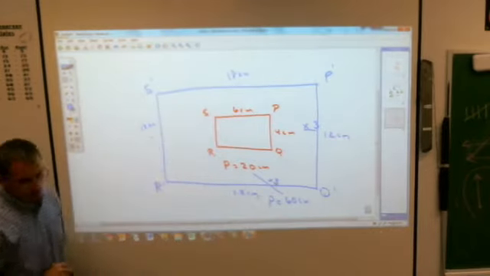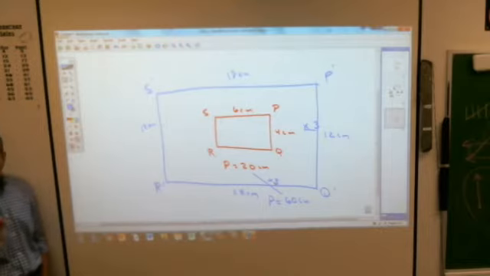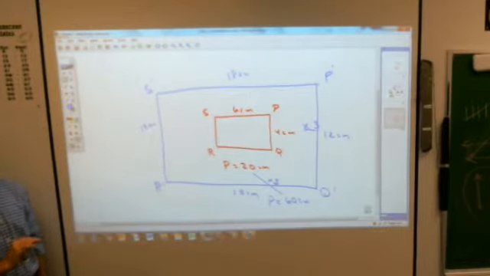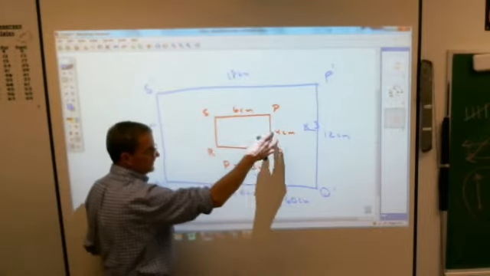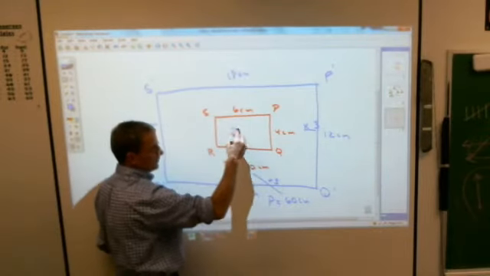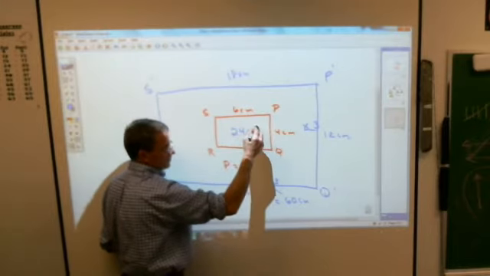Here, however, boys and girls, this is what I need you to start thinking about. What always seems like common sense is not always common sense. Because you would also think that the area, since it was 3 times bigger, would also be 3 times bigger. Well, let's look. The area of the small one is 6 times 4, 24 centimeters squared.